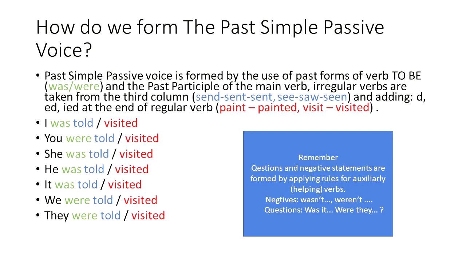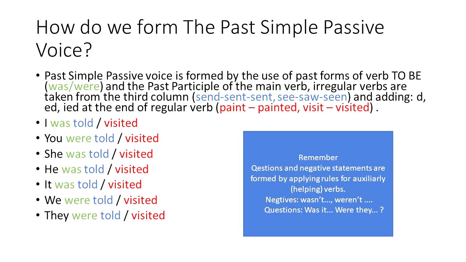And the following question, how do we form the past simple passive voice, has already been answered through the examples we have just seen. However, let's put it all together. How do we form the past simple passive voice? The past simple passive voice is formed by the use of past forms of verb to be, which we know are was and were. Pay attention to the green letters. And the past participle of the main verb.